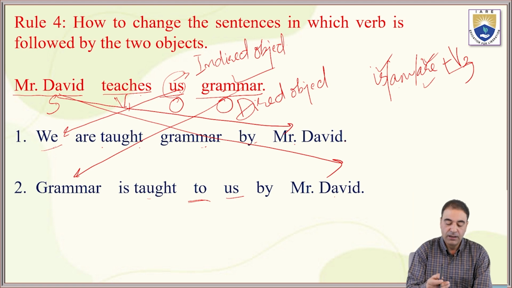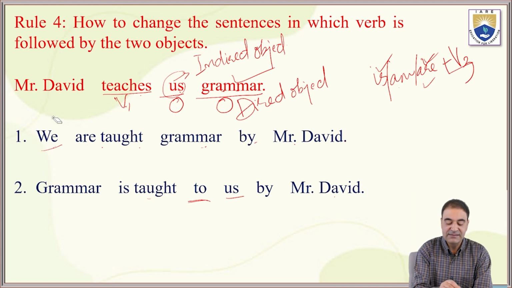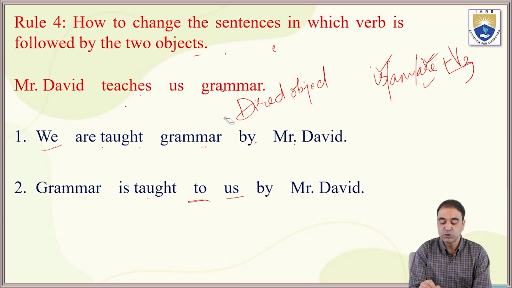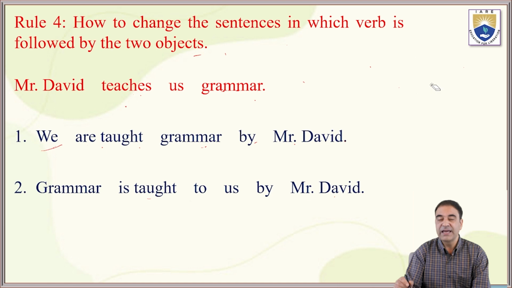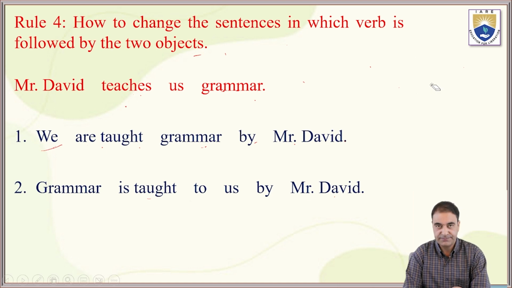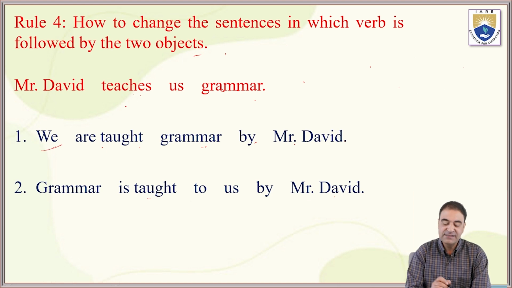Remember, if we have sentences that carry two objects, we can change the sentence in two ways. The first one is if we take the indirect object at the position of subject, we don't have to introduce the "to" phrase. But if we make the direct object the subject, we have to introduce the "to" phrase after the main verb like here.